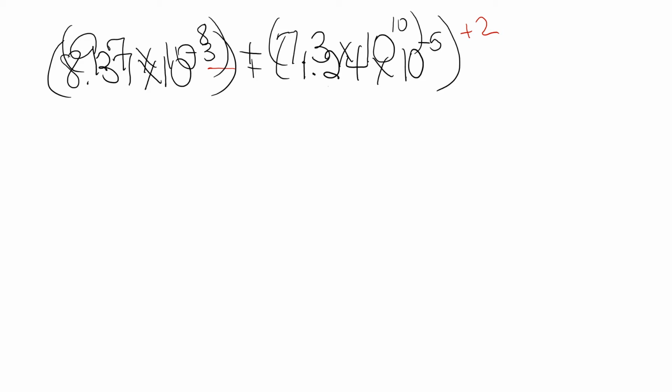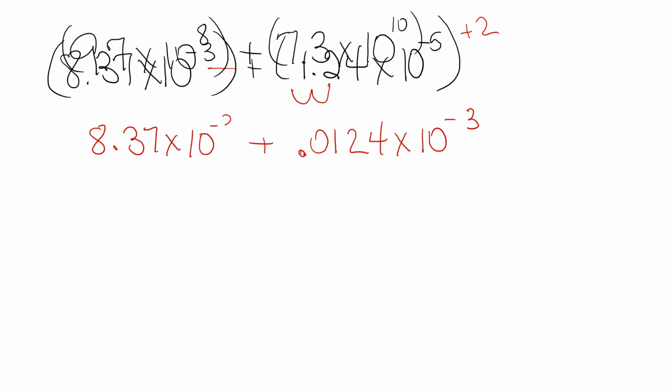So I'm going to move my decimal forward 2 places. I have put 2 more numbers behind that decimal and made this 0.0124 times 10 to the power of -3. The front problem did not change.